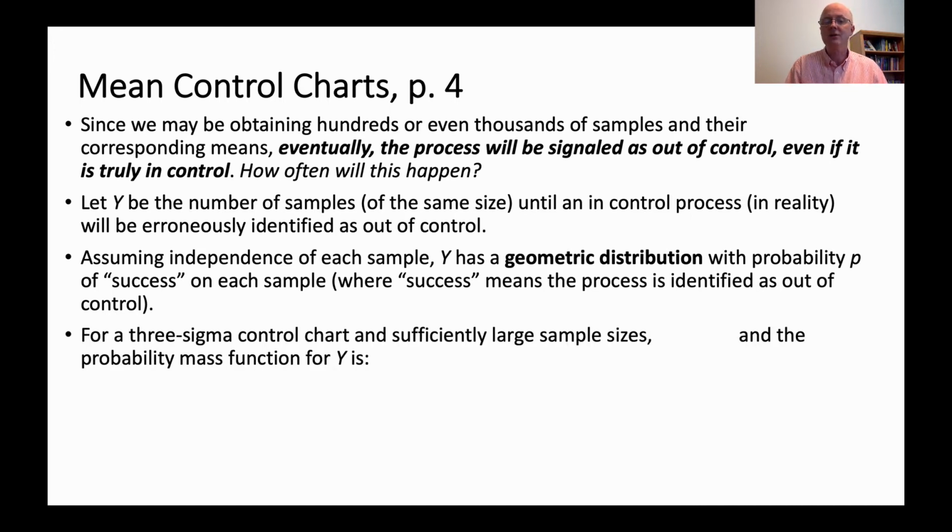For a 3 sigma control chart in sufficiently large sample sizes, P, by the previous slide, will be about 0.003. The probability that x bar will be between the LCL and the UCL when the true mean of x bar is mu0 is 0.997. 1 minus that, 0.003, is the probability of being identified as out of control when in reality it's not out of control.